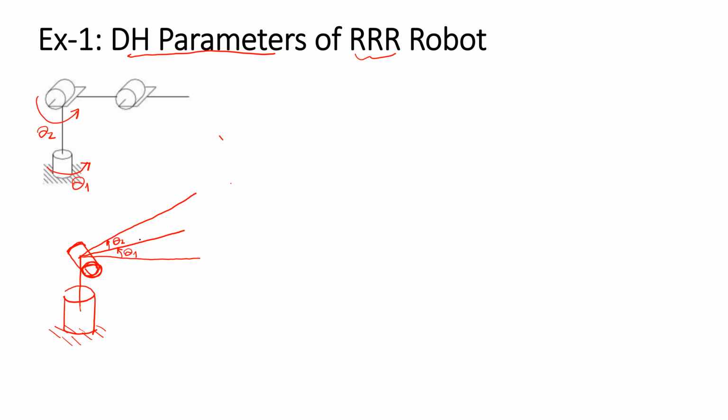The rotation of theta 1 is rotation about the vertical axis. So the change in this direction is on the horizontal plane. But for theta 2, we are elevating the link in the vertical direction.